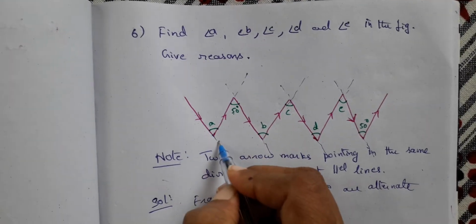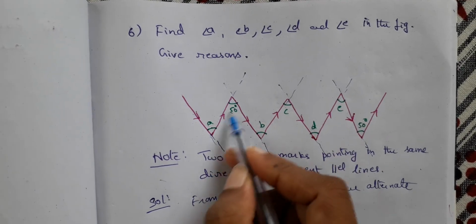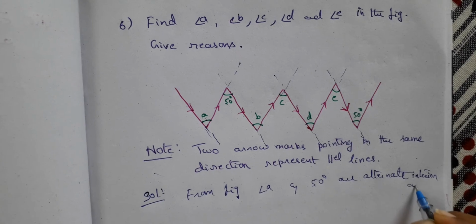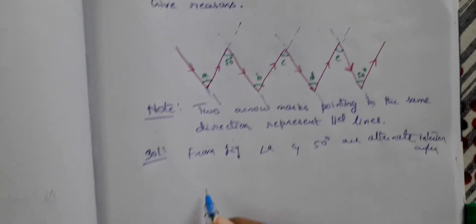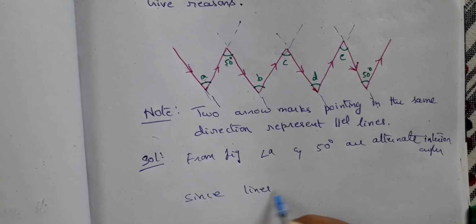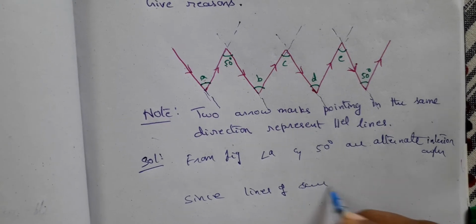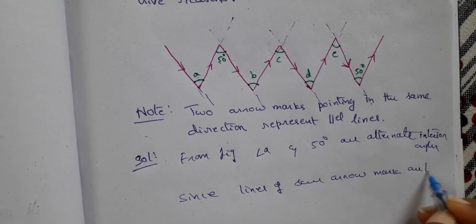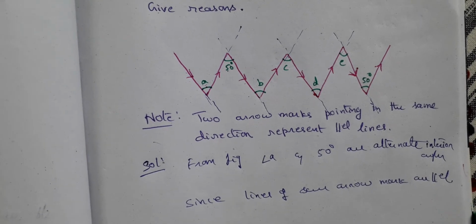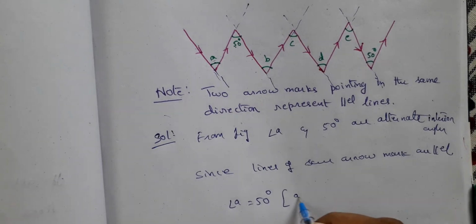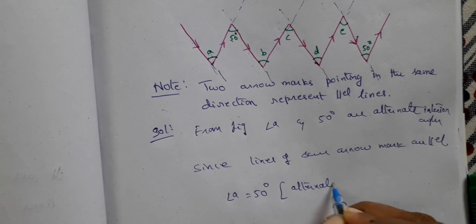See, if this is the line, alternate interior angles. Since lines of same arrow mark are parallel, angle A is equal to 50 degrees since alternate interior angles are equal.